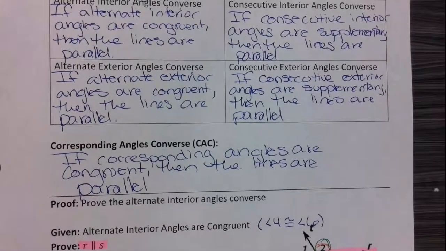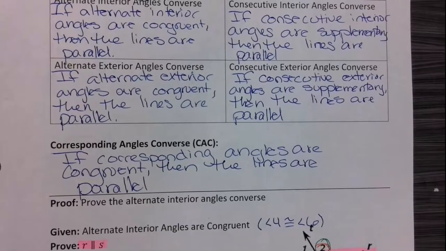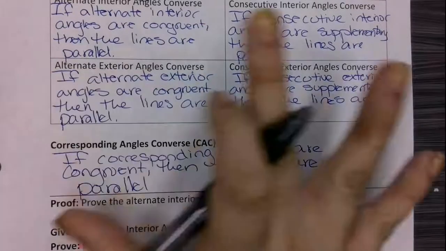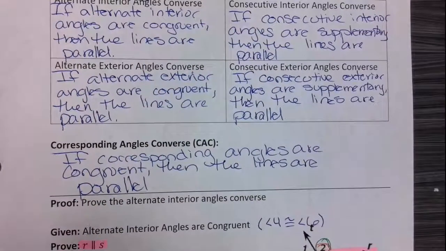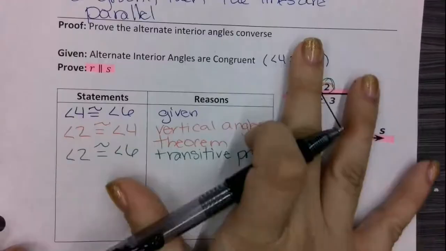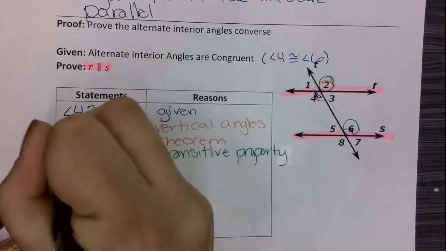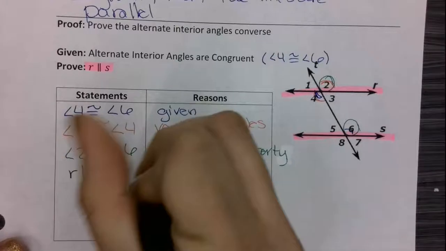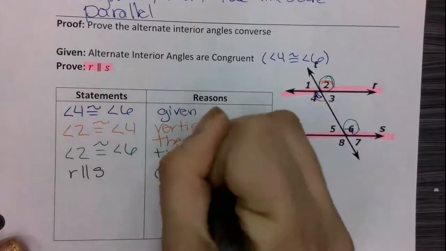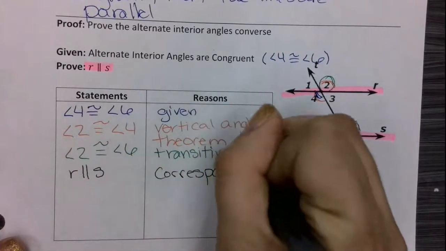Okay. Anything out of these 5? The corresponding angles converse. So I'm going to say R is parallel to S by the corresponding angles converse.